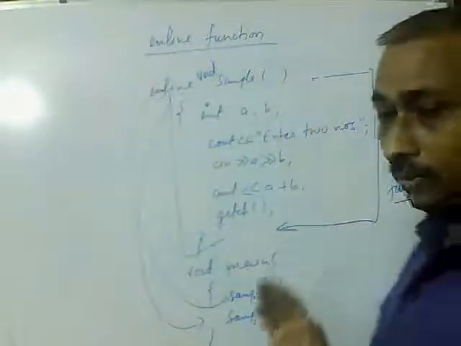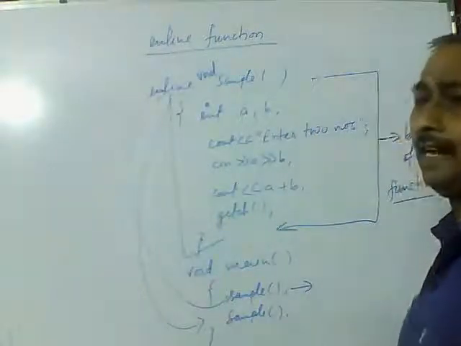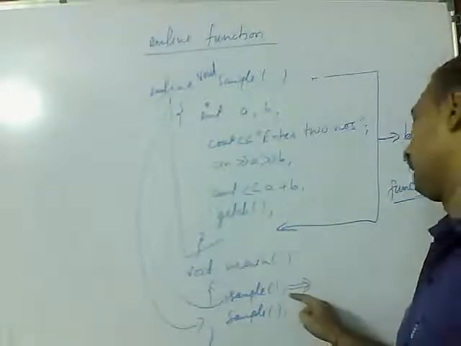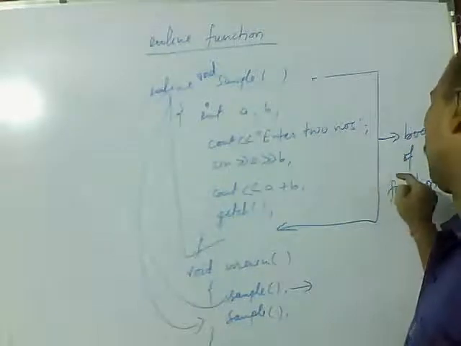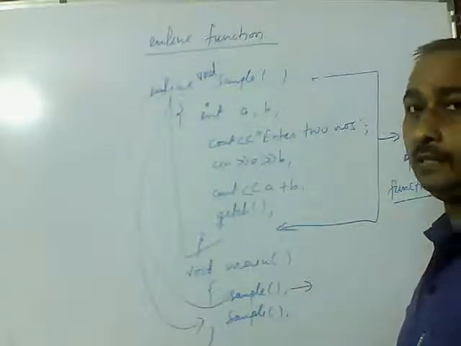I am summarizing the things at the end. Inline function is a function whose calling statement will be replaced with the code written in the body of the function at the time of compilation.